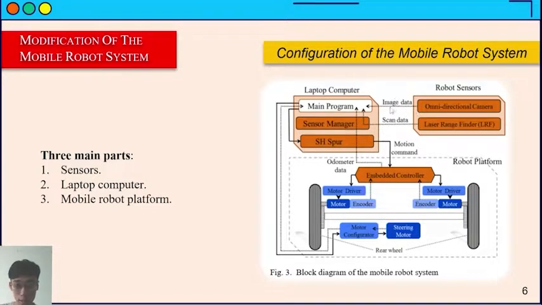It sends the image data and the scan data to the main program in a laptop computer. After that, the laptop computer will process the data and send the data to the embedded controller by serial port. The embedded controller will control the motor.